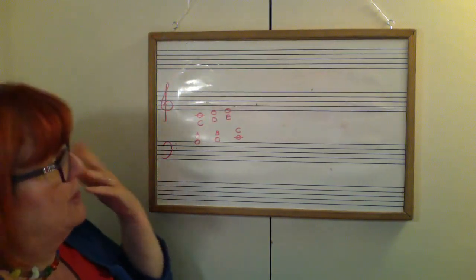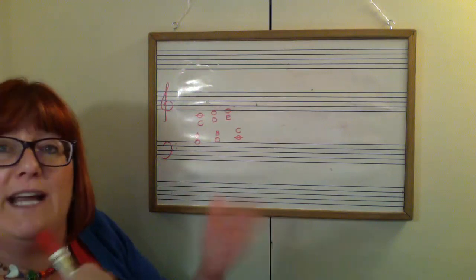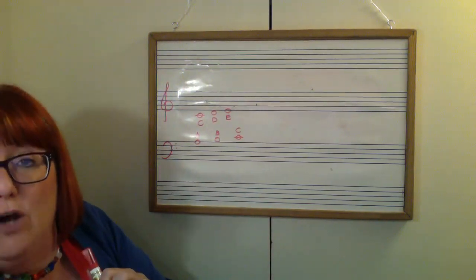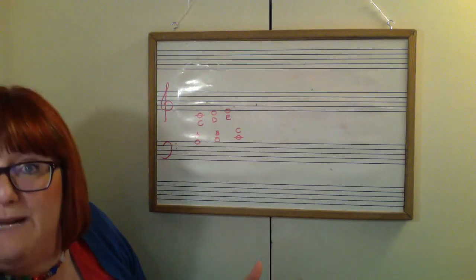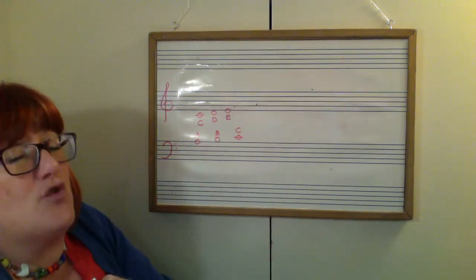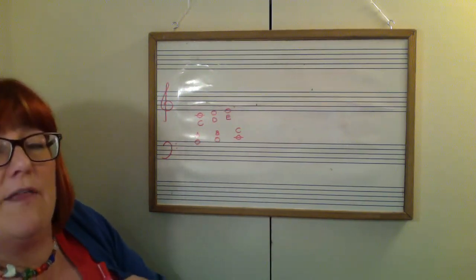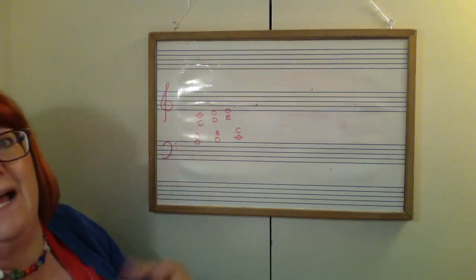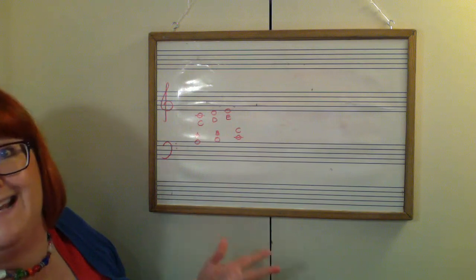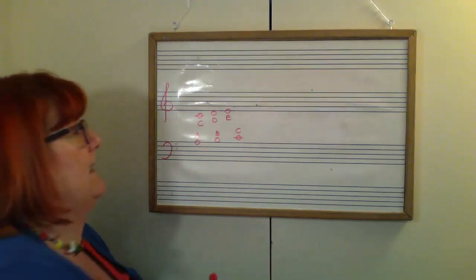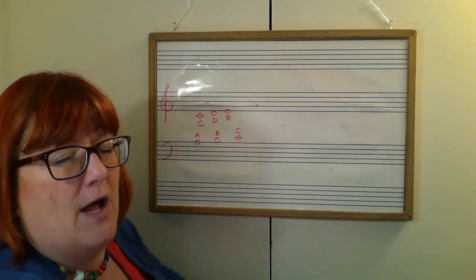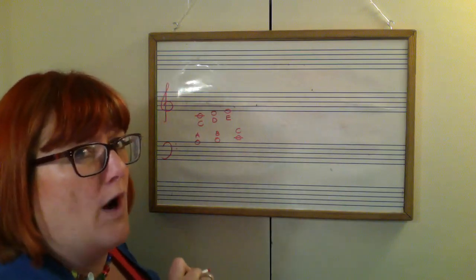So just as with numbers, we can only have odd and even, with music, we can only have lines or spaces. Now, the tricky thing is, though, that sometimes C can be on a line and sometimes C can be in a space. So let's have a little look at that. And I wonder who can realise why that is.